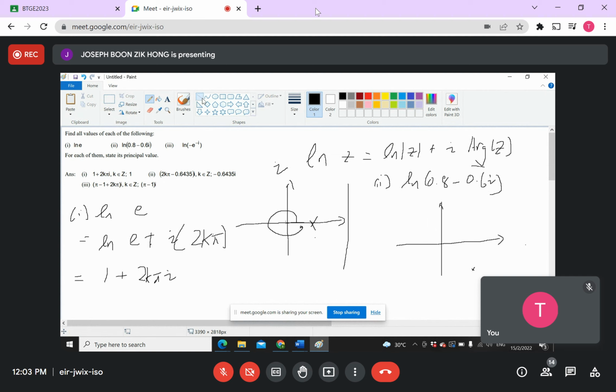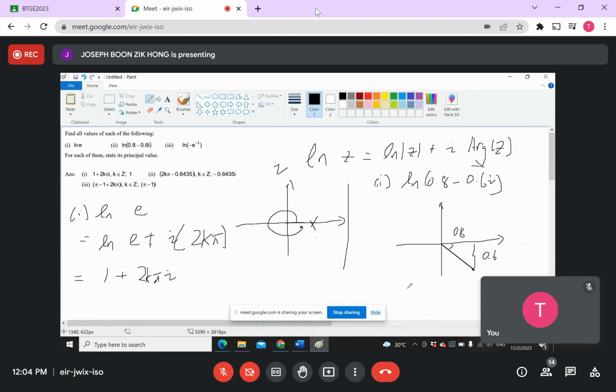I want to find the angle of this one. Here this one will be negative 0.6, and this one will be 0.8.